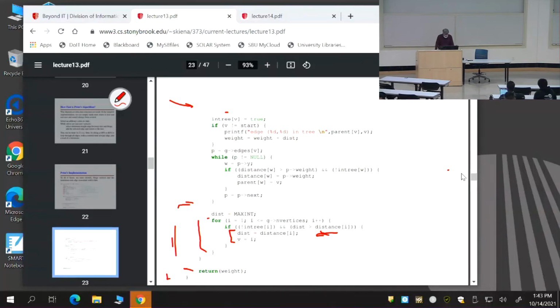But probably more important to scan is here. What vertex do we want to consider? Only those vertices that are not in the tree are we considering as candidates to get in. The way we avoid cycles is we never add an edge to somebody who was already in the tree.